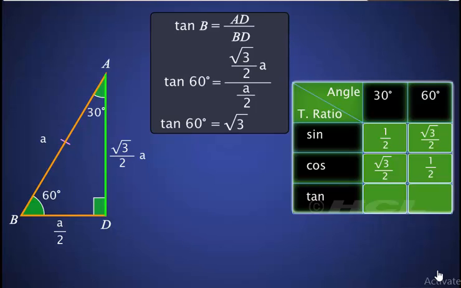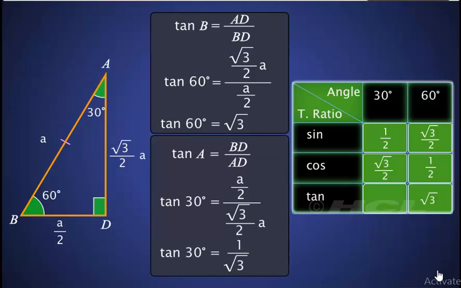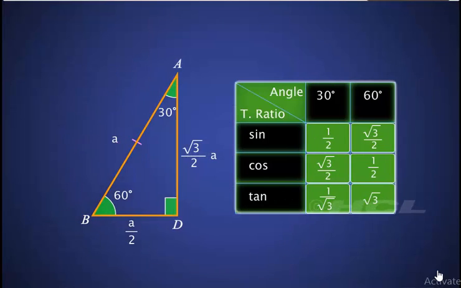Since the tangent of angle B is AD over BD, the value of tan 60 degrees is equal to the square root of 3, and the value of tan 30 degrees is equal to 1 over the square root of 3. Thus, we get the values of all trigonometric ratios for angles 60 and 30 degrees.